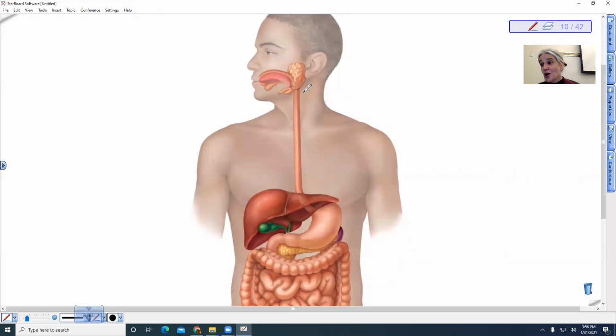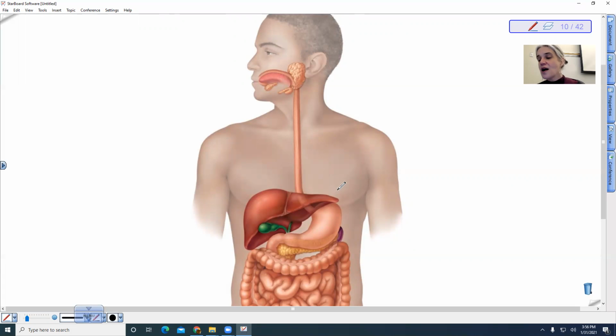This is not showing the trachea, which would be in front. This is just showing the esophagus. The esophagus is important because it is a passageway from your pharynx to your stomach. So that is how food travels to the stomach.